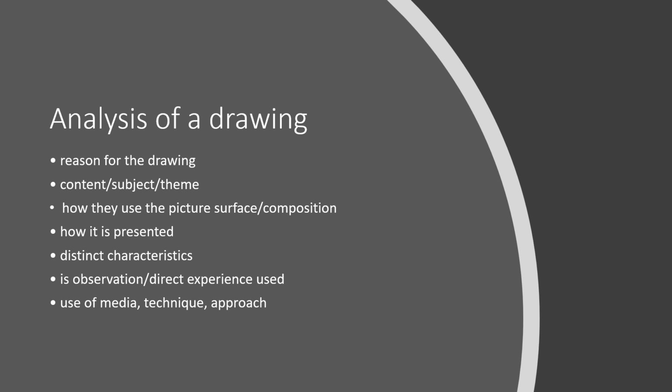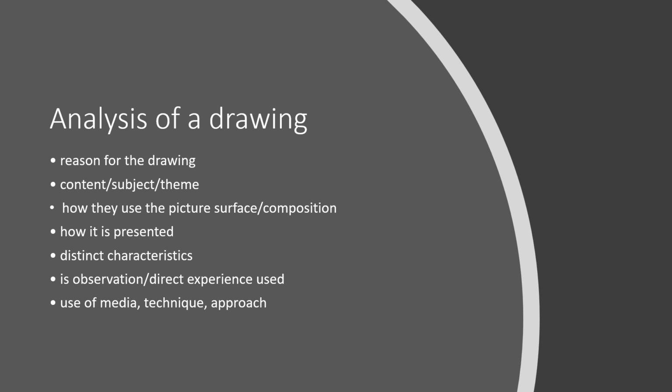As mentioned before, it's important as part of the critical study that you do an analysis, an in-depth study of an artist's work to show your own understanding of the purpose of the drawing and what you can observe about that piece of work. Make sure you have an example of that image on your critical study, and perhaps it might be the pastiche, a copy of that drawing that you're then going to analyse.